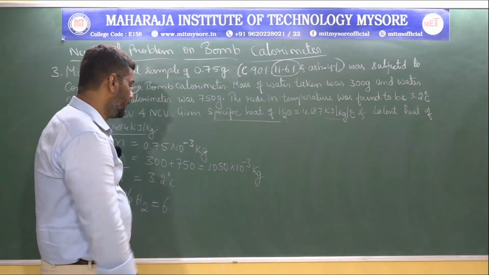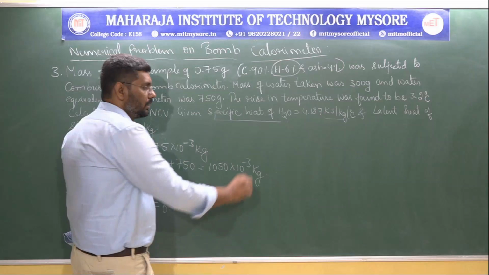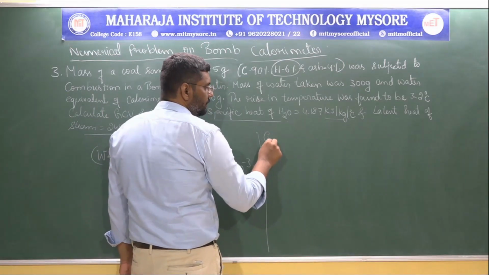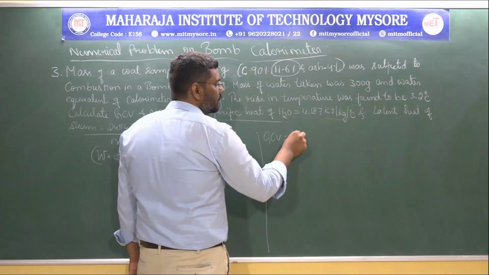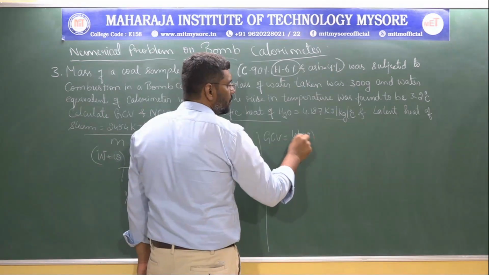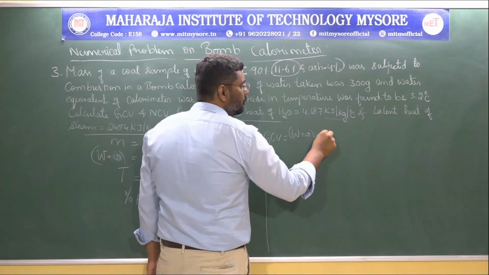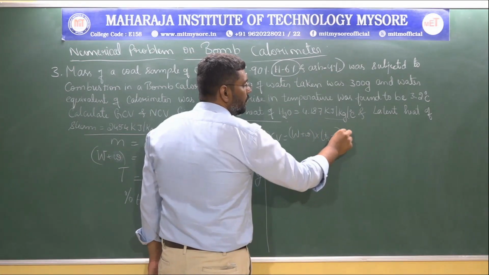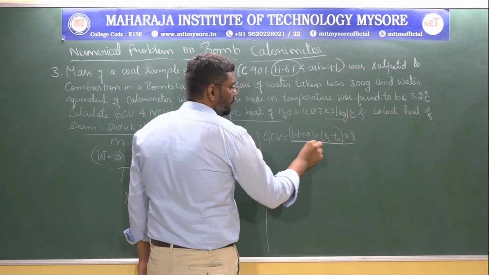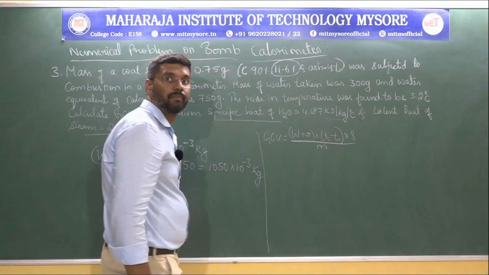Is it clear? So by using these data, we need to calculate GCV. GCV is nothing but W plus small w into T2 minus T1 into specific heat, divided by mass.